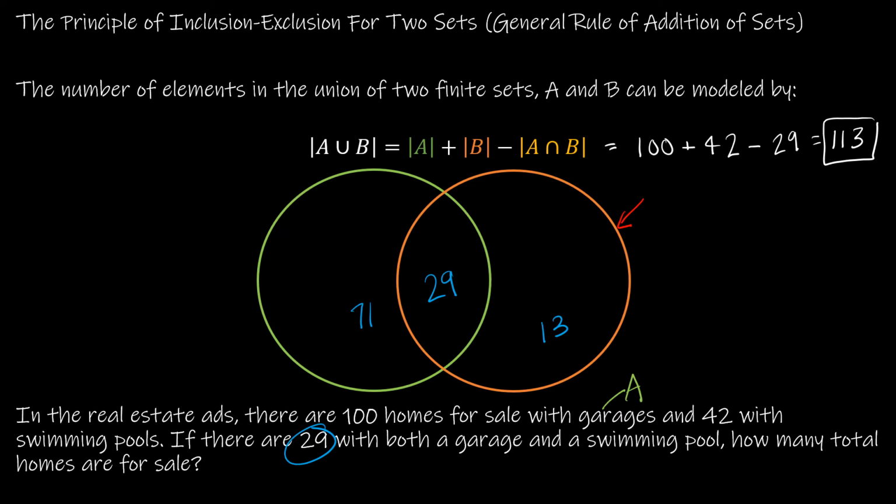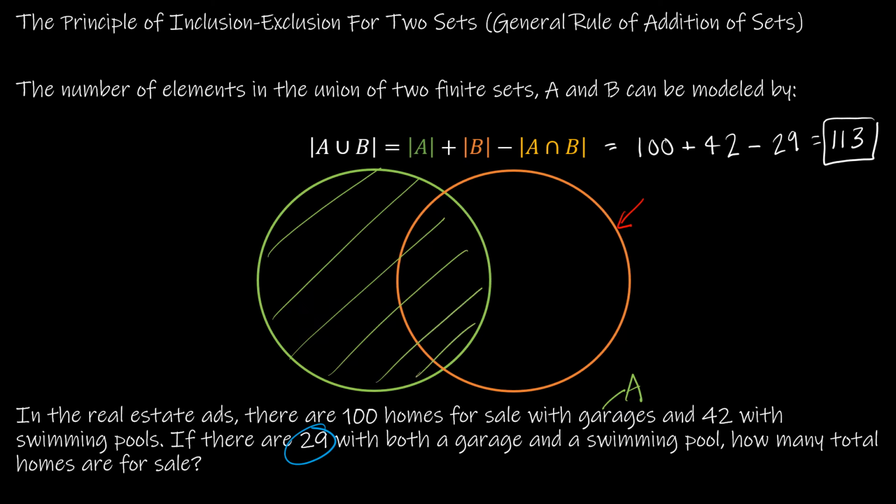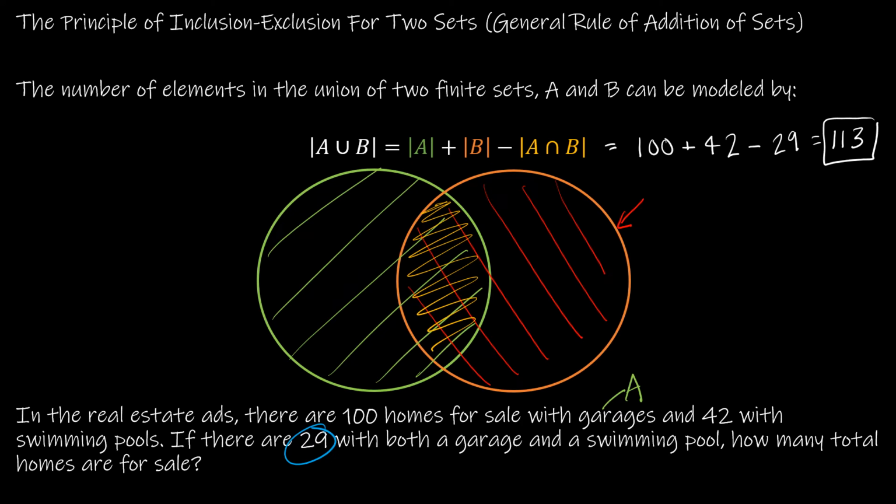I'm adding all of A, and then I'm adding all of B, but then I'm subtracting this one time. Notice that all it's going to do is subtract the 29 one time. So really, I'm either going to subtract it from A or I'm going to subtract it from B. We only have to subtract it once because by what I did here is I added it once, I added it twice, so I have to undo that second addition of the 29 by subtracting it.